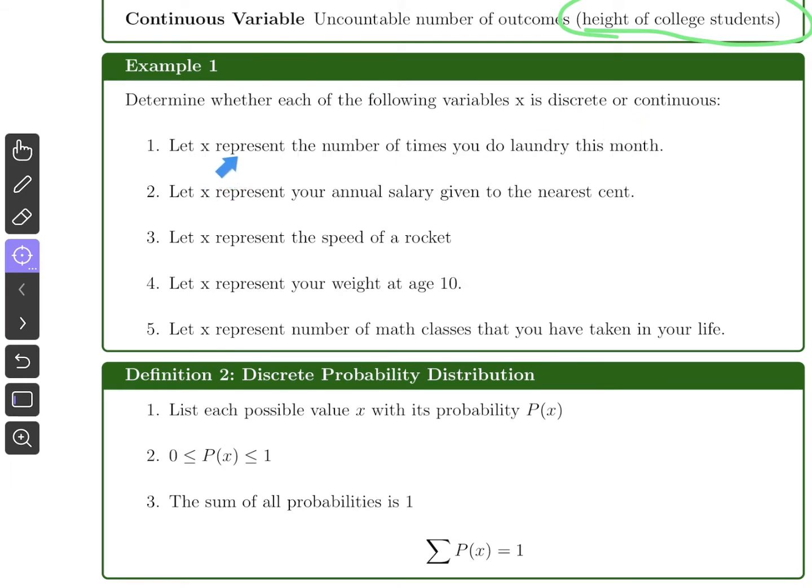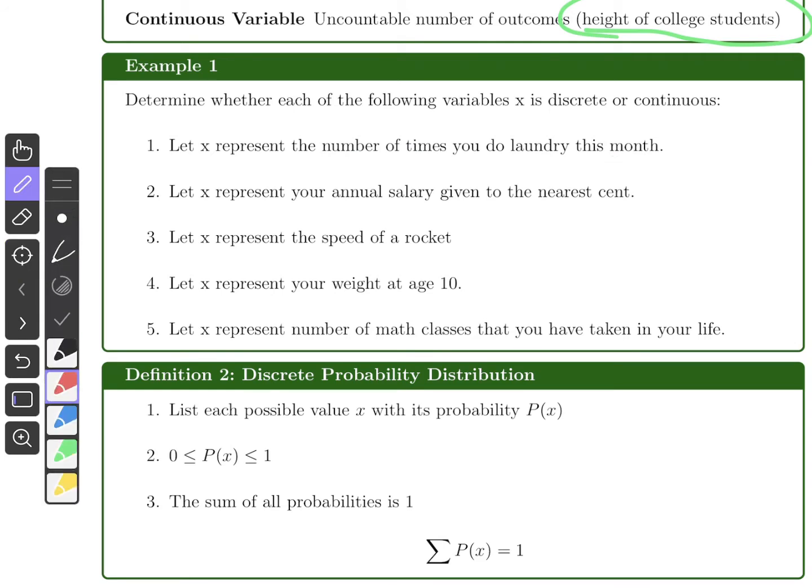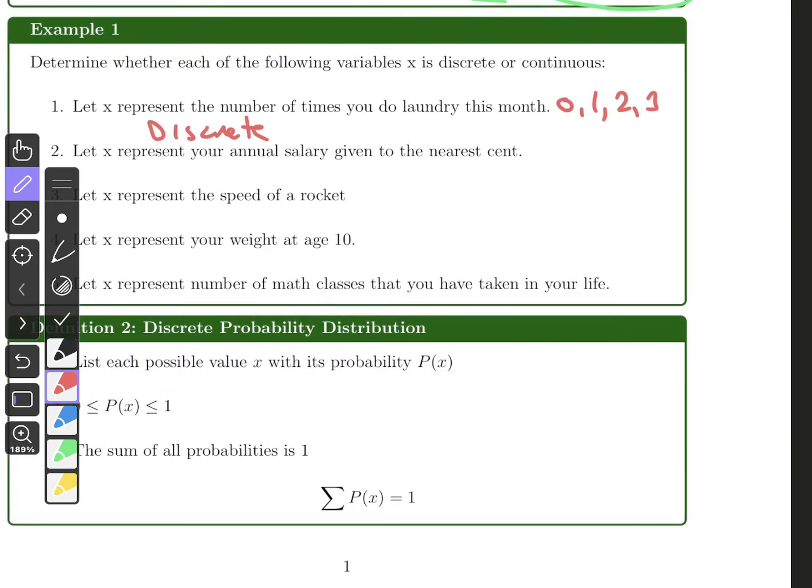So we have X represents the number of times you do laundry this month. Now this is going to end up being discrete because the outcomes could be 0. You do it 1 time, 2 times, 3 times. And you could go up to however many times you want to do them. There's only so many minutes in a day, but this can go on forever.